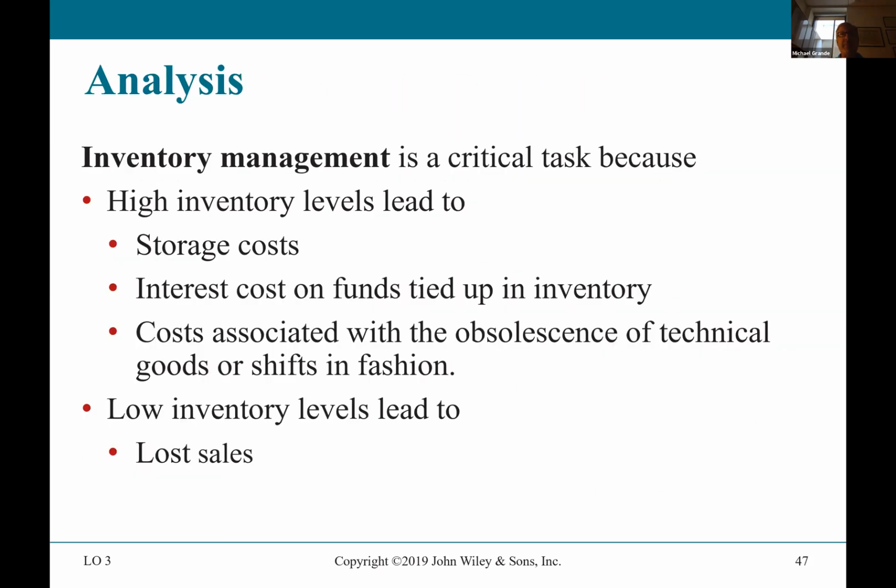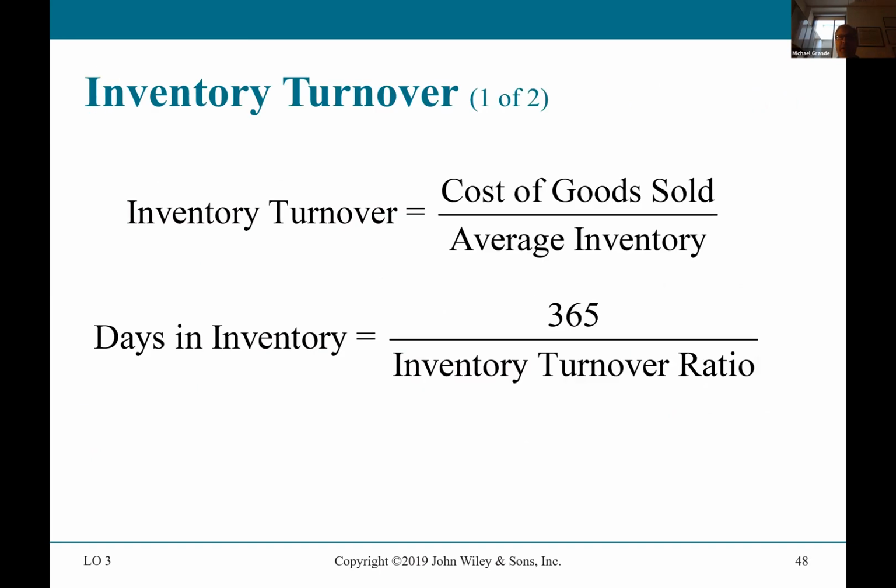Now, inventory management is a critical task because high inventory levels lead to storage costs and interest costs. So the question is, how much inventory do you want to have? You want to have just enough. You don't want to have too little, but you want just enough because it costs money to carry inventory. Here's a couple of ratios that I need you to be familiar with.